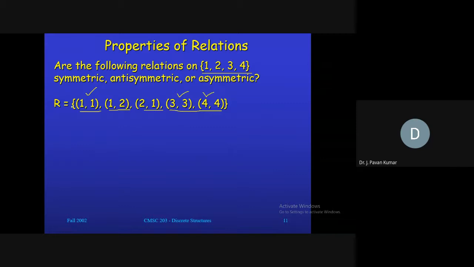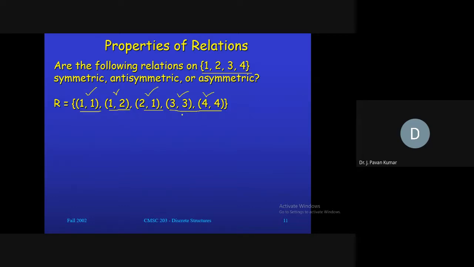Because (A, B) is equivalent to (B, A). Let us consider (1, 2), (2, 1). For this pair, we have (A, B), and (B, A) is also part of this. Can we consider it as symmetric? Yes, so this is the symmetric relation.